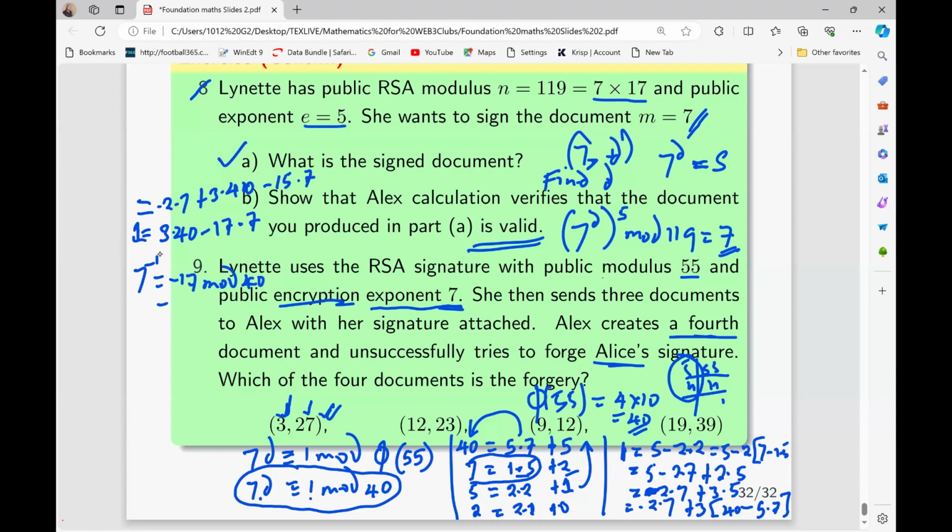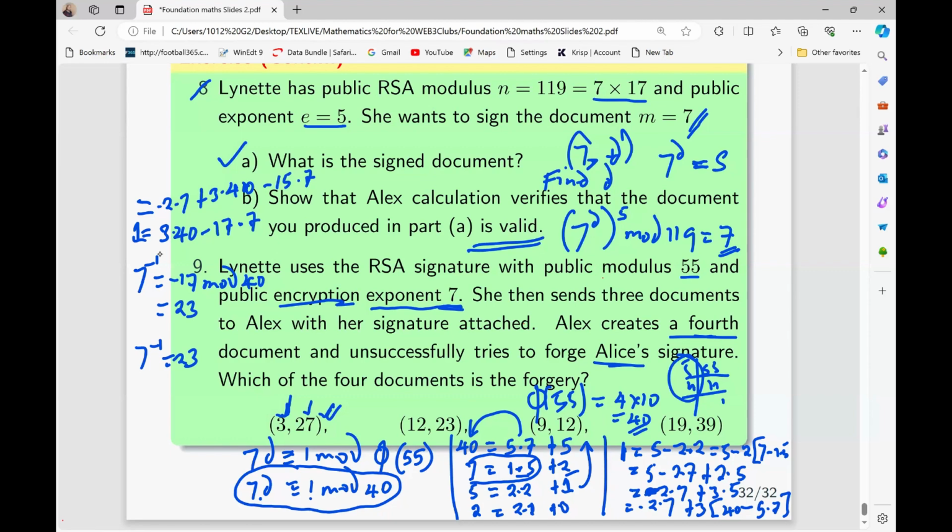What is negative 17 mod 40? Just add negative 17 plus 40. That gives you 23. That means the inverse of 7 is 23. This is our D.